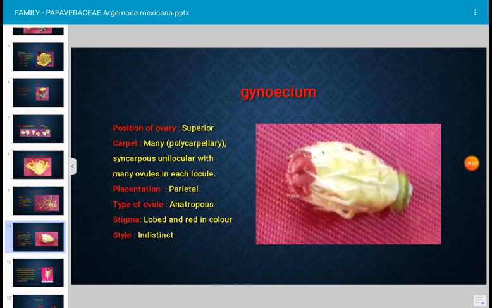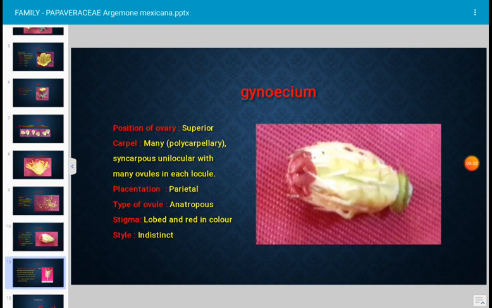Locule is 1 with many ovules. Placentation is parietal. The anatropous type of ovule occurs in this. The stigma is lobed and red in color. And the style is very short, indistinct.